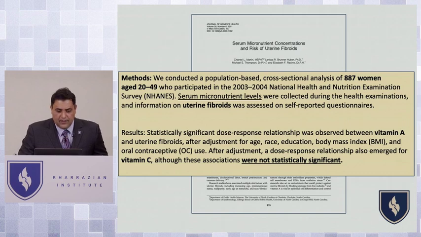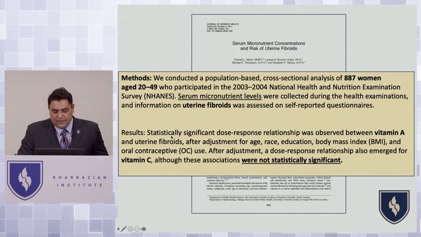Now, there was a study that looked at micronutrient concentrations and risk of uterine fibroids. They did a cross-sectional analysis of 807 women ages 20 to 49 who were participating in the National Health and Nutrition Examination Survey. They measured their serum micronutrient levels to see if there were any changes for the women that had uterine fibroids.